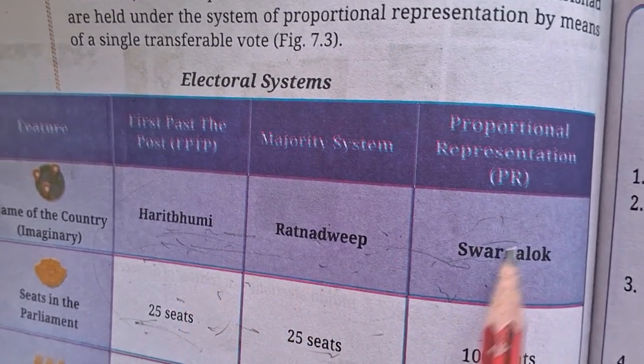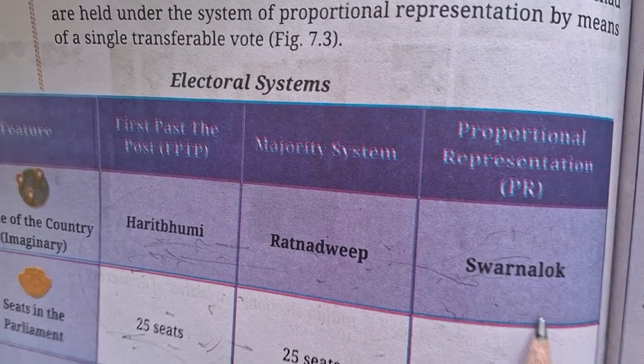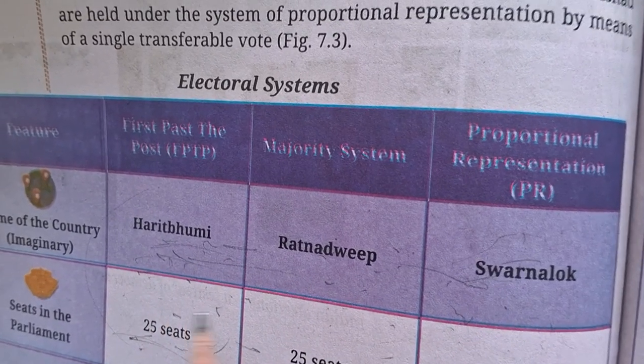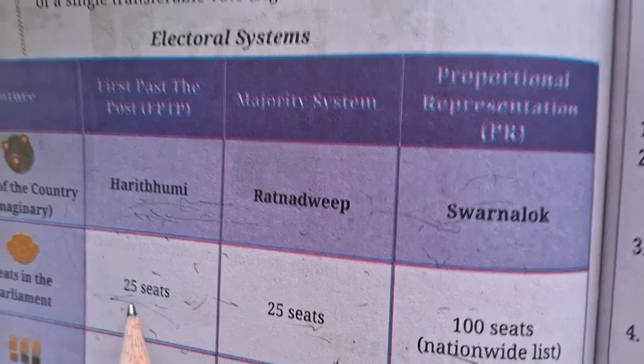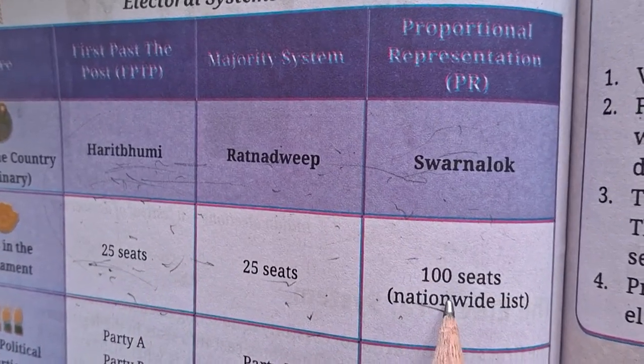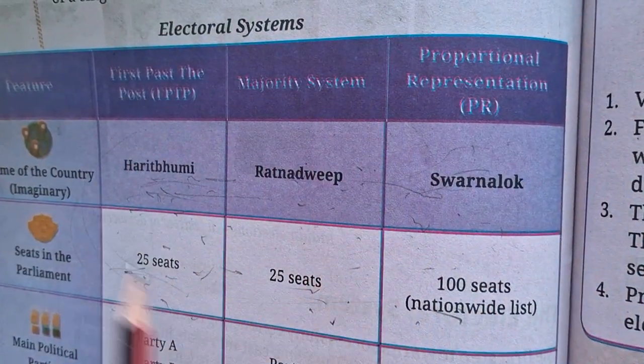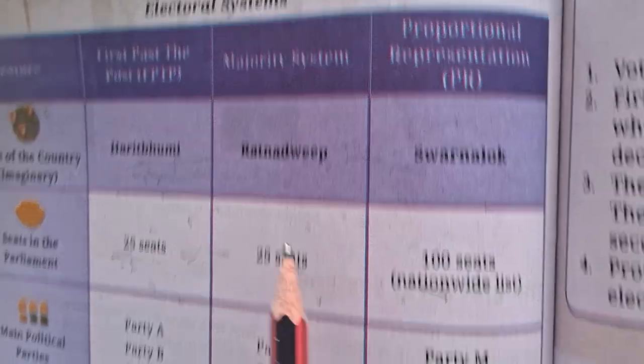So we will learn that. Now we will count the seats: here 25, here 25 and here 100, for these three states.